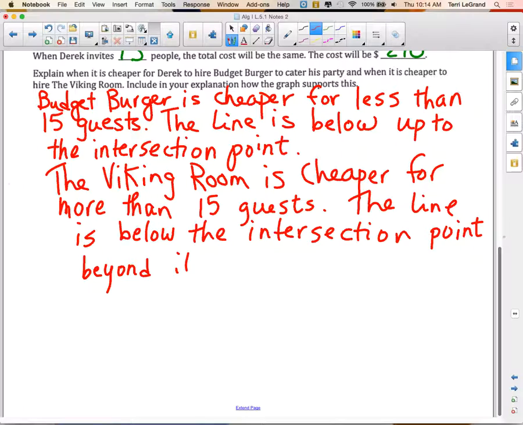So in other words, once we get to the intersection point and look beyond it, that's when it's below. I don't know that I worded that really well, see if you can do a better job. Okay, so sometimes you have to do some analyzing also from what your solution, what the graph actually shows, okay?